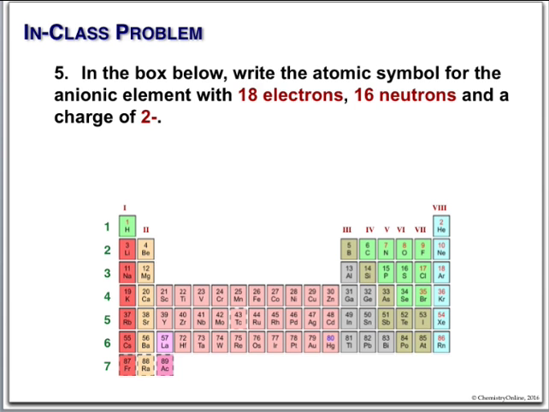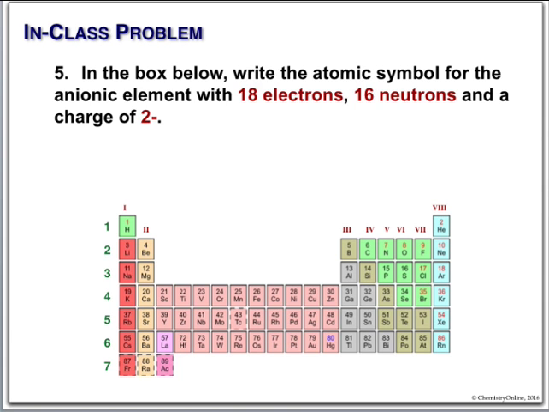Okay, I will. This element has 18 electrons. Has 18 negatives, right? And the net charge is -2. That means there are 2 more electrons than there are protons. The protons are positive. So it must be 16 protons and 18 electrons, 2 extra electrons.